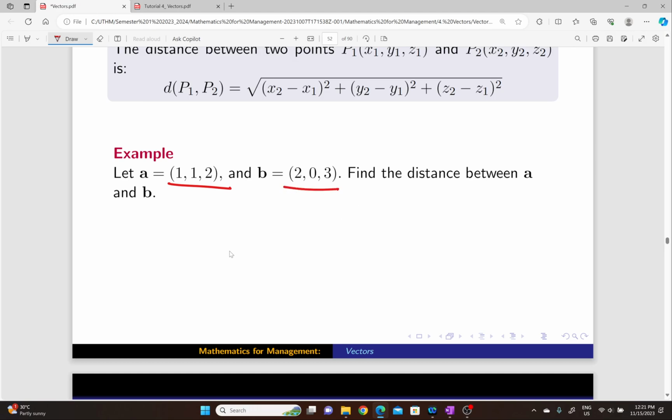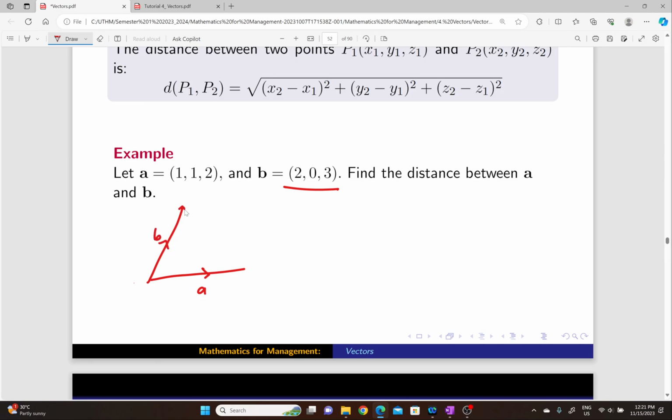Find the distance between A and B. For example, this vector goes to A here, this vector goes to B here.